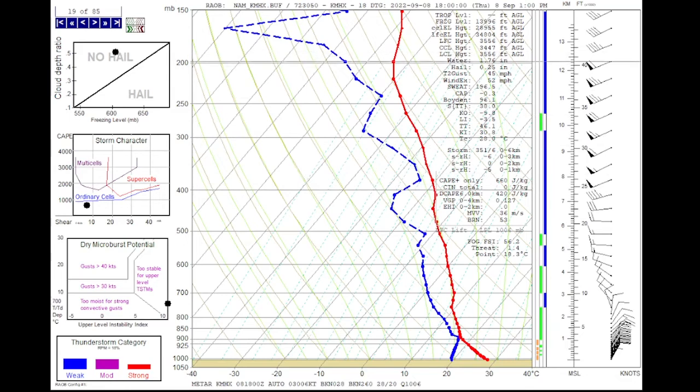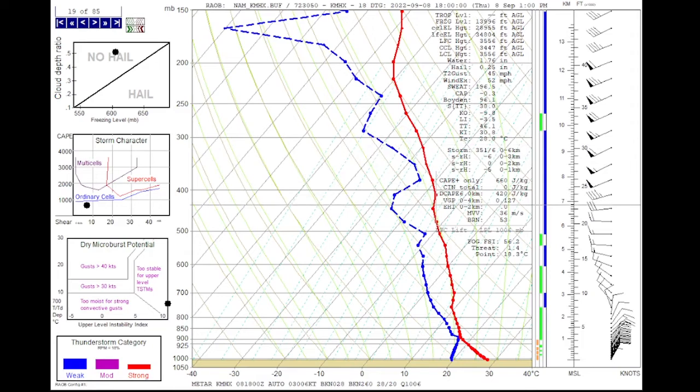Pretty much we get most of our answers over here, and on the left hand side for analysis, you get a dry microburst possible, storm character, and then if you got hail, wherever that black dot is, that's what you should expect at this time on this Skew-T. So no hail. This is a sounding for KMHX. It's for New Bern, North Carolina. It's close to the Outer Banks.